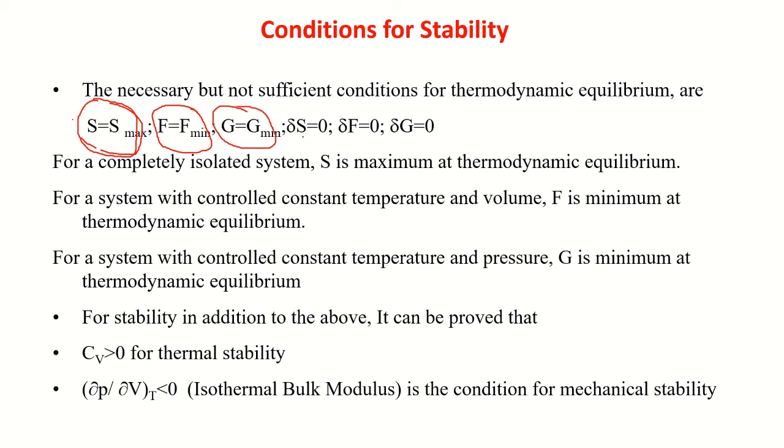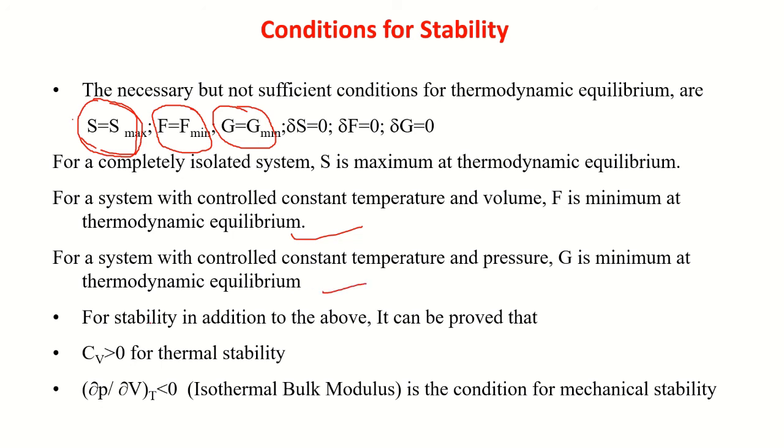At this point, any changes will all become 0. For a completely isolated system, S is maximum at thermodynamic equilibrium. For a system with controlled constant temperature and volume, F is minimum at thermodynamic equilibrium. For a system with controlled constant temperature and pressure, G is minimum at thermodynamic equilibrium.